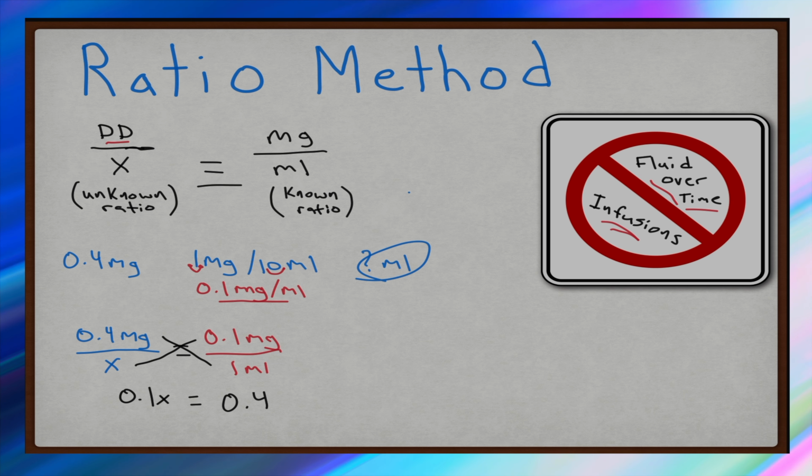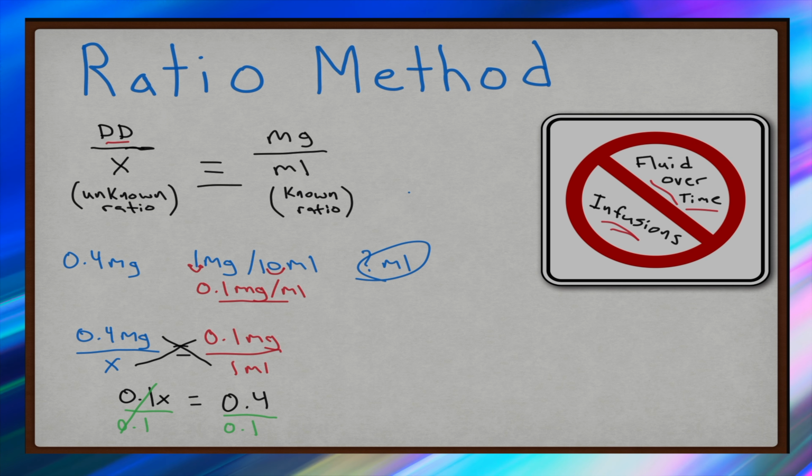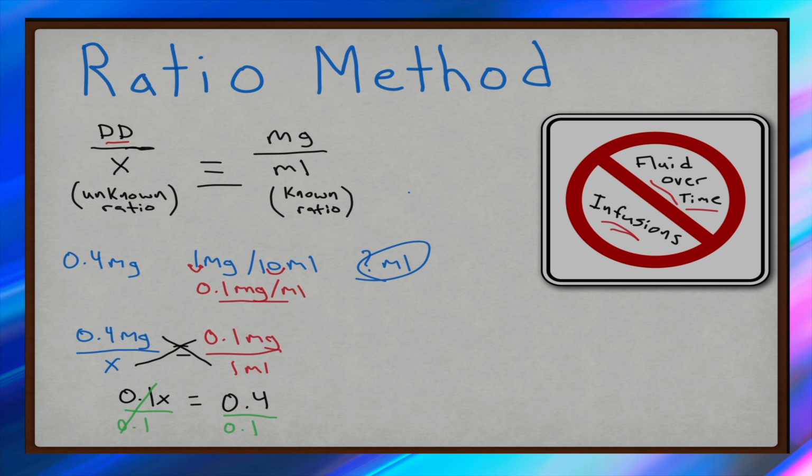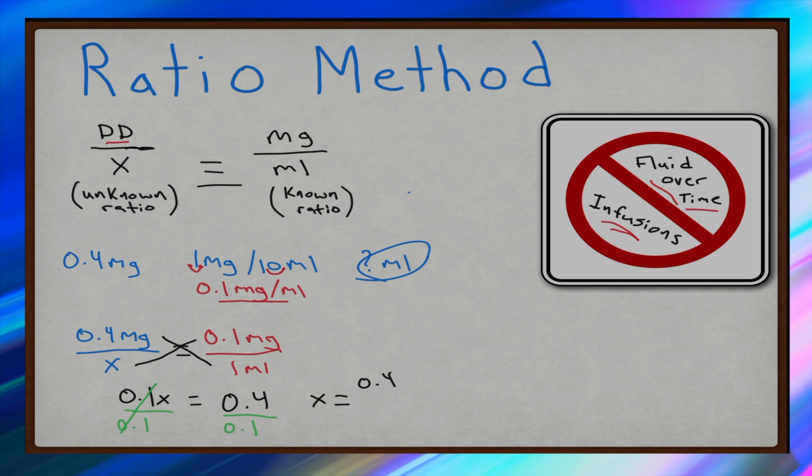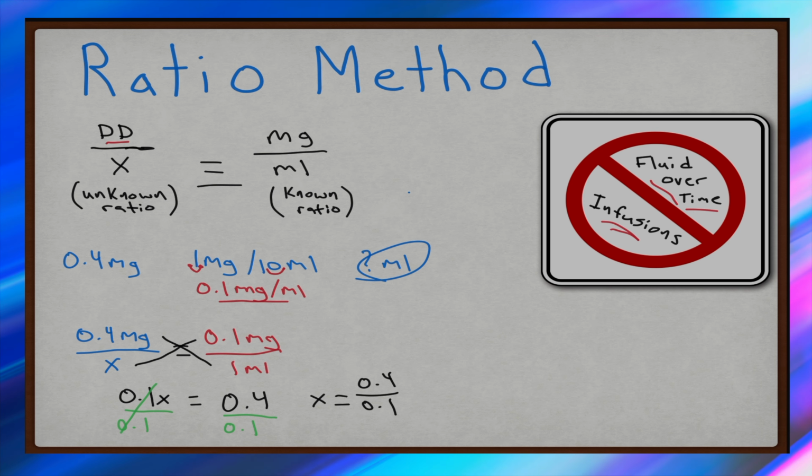The way I'm going to do that is I'm going to divide this side by 0.1. That will cancel itself out. And I'm going to divide this side by 0.1. So now I can rewrite this, and it's going to say X is equal to 0.4 divided by 0.1.